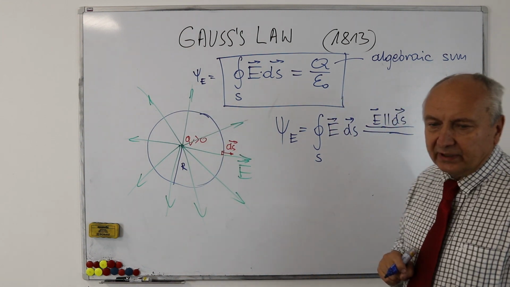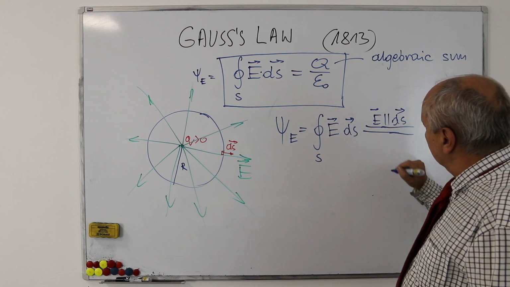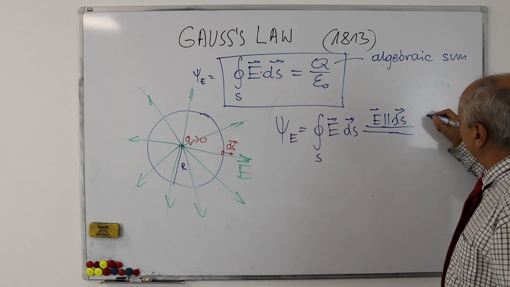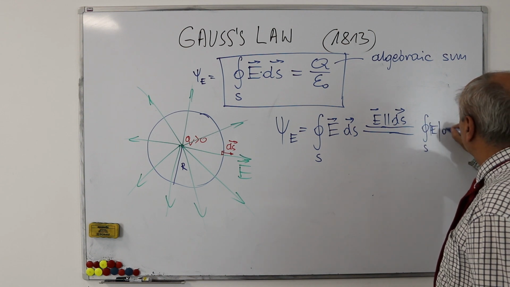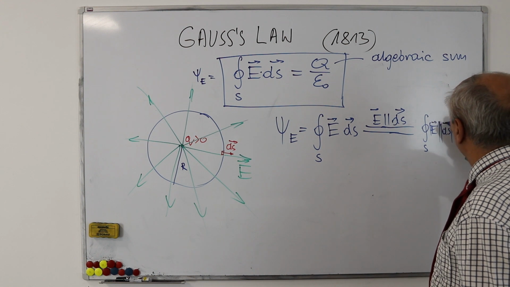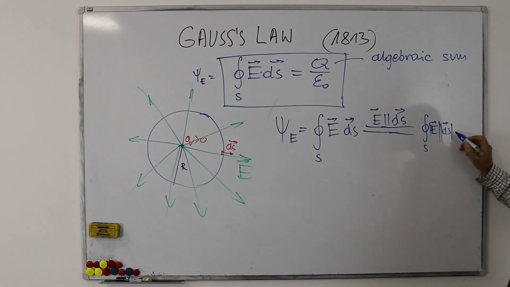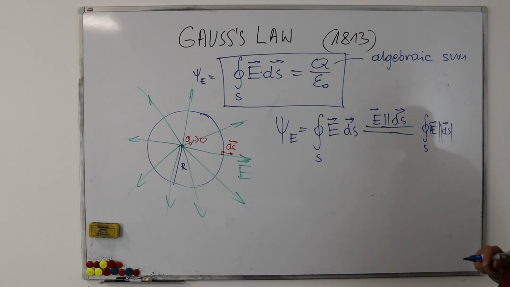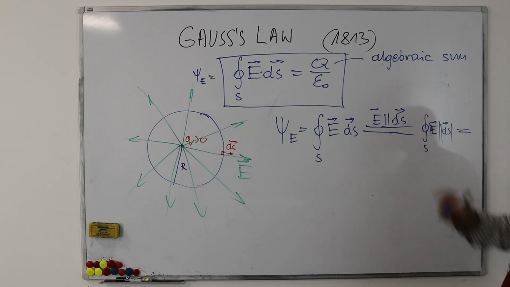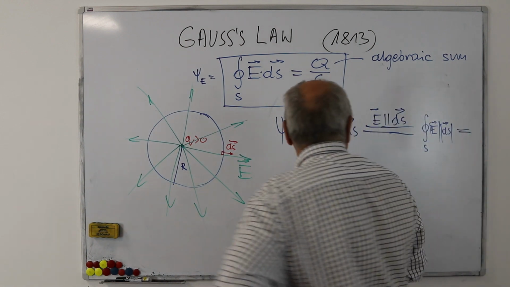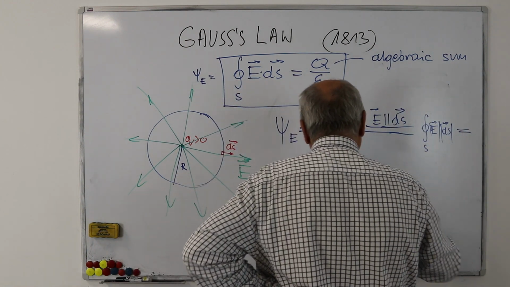In each point of the surface we have such a case. So our integral we can write in this way, multiplied by cosine alpha, but alpha is equal to 0, so cosine alpha is equal to 1. So this is all. That means that we can take the module of vector E and the module of vector ds.